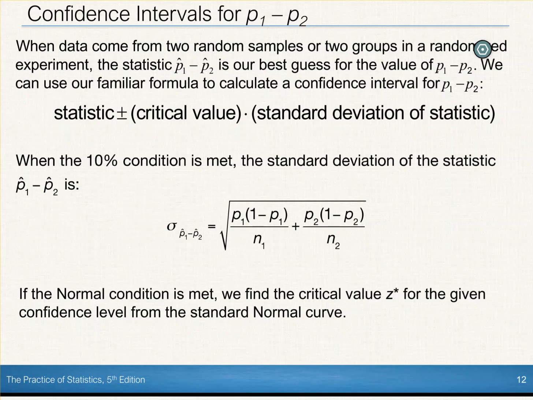Remember, before it was p hat plus or minus z star, and then square root of p times 1 minus p over n. This is what we had before.